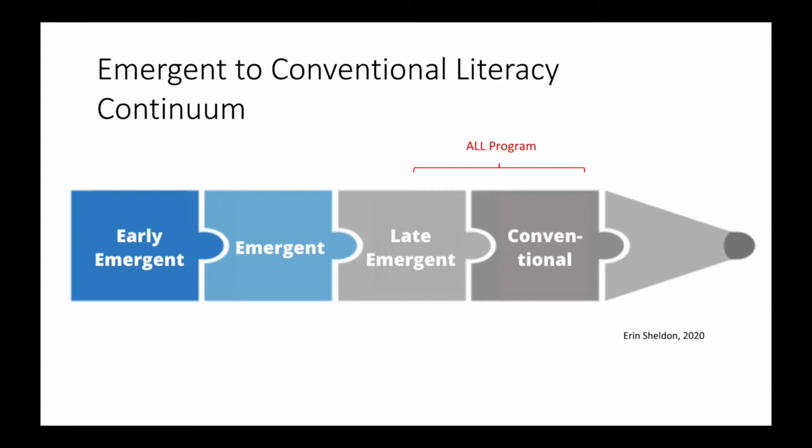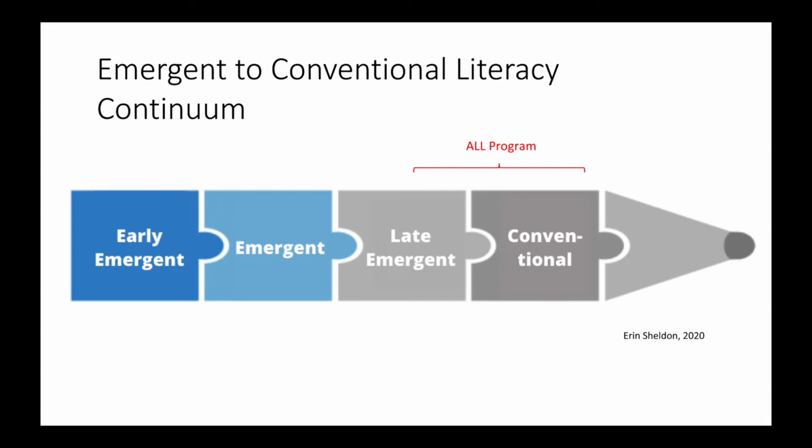In elementary education, we often don't give much thought to emergent literacy because it happens naturally for non-disabled students. When they arrive in kindergarten, many of them are well on their way at the late emergent stage and spend the first year at school moving along the continuum to the conventional level.